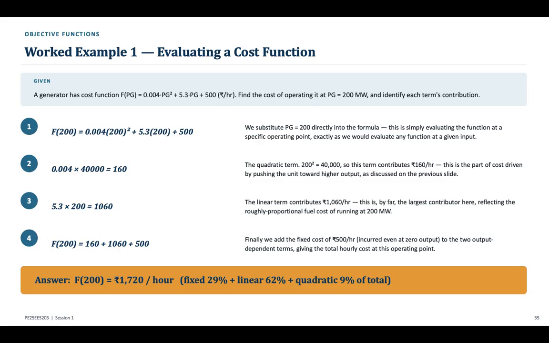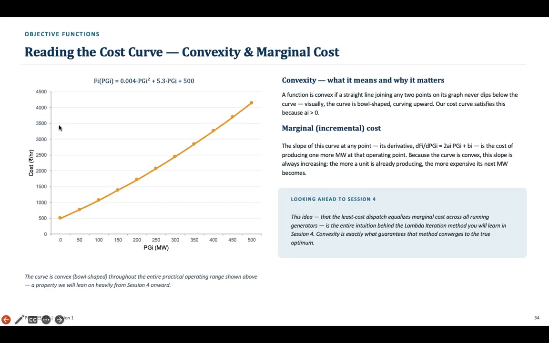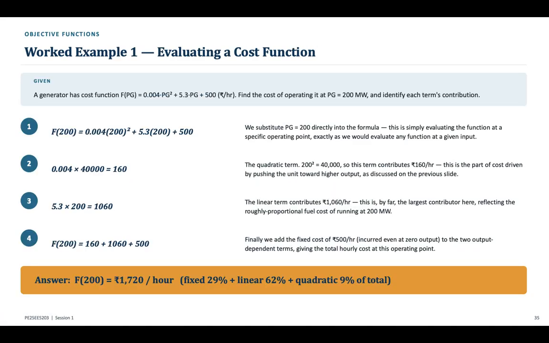So this is a small worked example evaluating the cost functions. As you can see, F(200), the same form, we are using the same formula. So Pgi is equal to 200 there. You have a question here: a generator cost function F(Pg) is equal to something rupees per hour. Find the cost of operating it at Pg equal to 200 megawatt and identify each term's contribution.